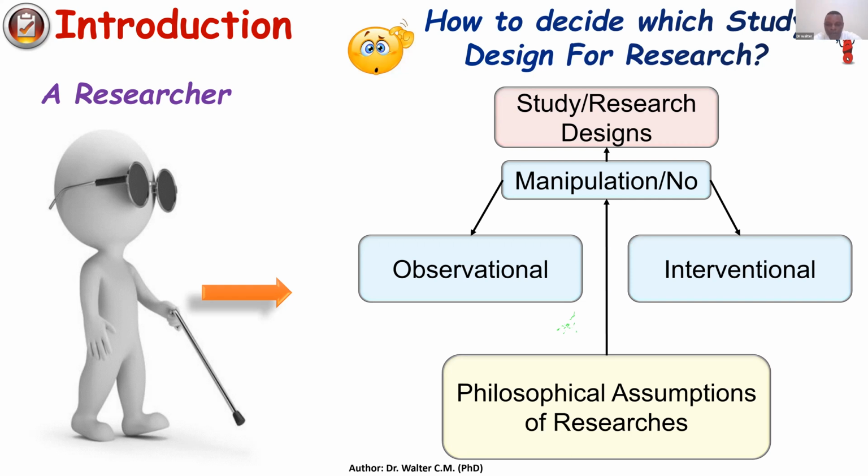For instance, I want to study teenage pregnancies among adolescents in Tanzania. This is a problem that most adolescent girls are facing: the challenge of unplanned teenage pregnancies at school age. And what is my philosophy towards this problem?